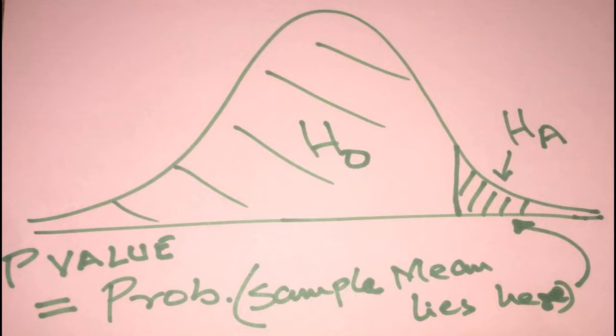So under the assumption that everything is okay, there is no problem with the process, there is only random variation in the process, what is the probability that the sample mean will lie in the rejected area of the normal distribution curve? Or in other words, what is the probability that the next sample I'm going to measure will be rejected?